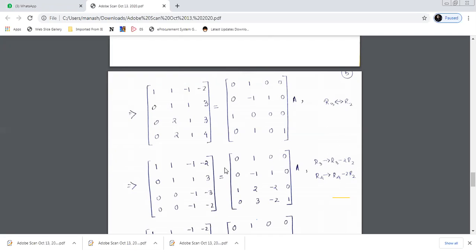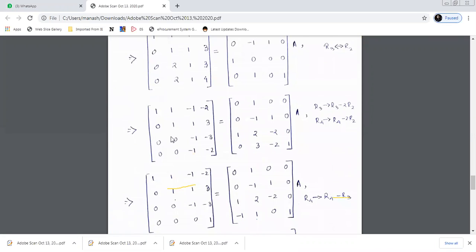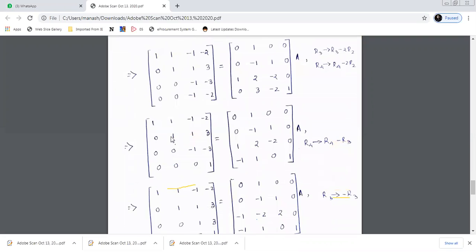There is nothing. Simply our aim is to make the left hand side matrix an identity matrix. So that's why we make this element equal to 0. So in the next step, what we have done, row 4 tends to row 4 minus row 3, so that this element also becomes equal to 0 and this element equal to 1.